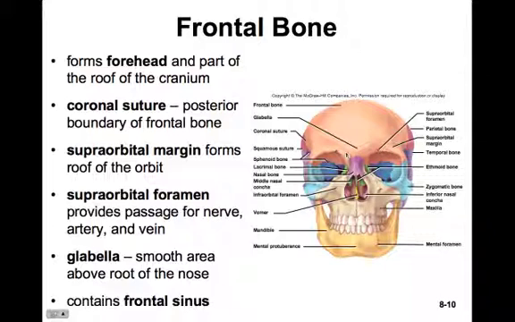And the supraorbital foramen, you can see a tiny little hole there, provides a passage for a nerve, artery, and a vein. The glabella is the smooth area above the root of the nose, you can see right here, and it contains the frontal sinus. So those are some structures to put in your outline. Why not start now?